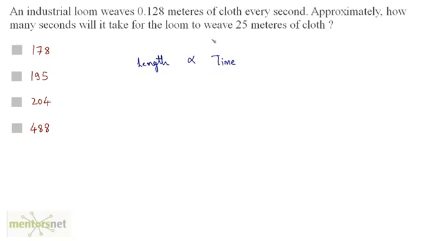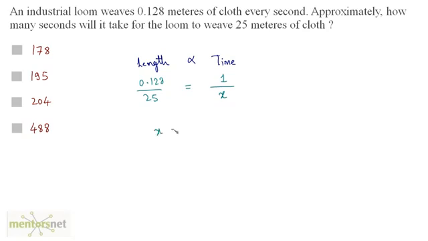Now in one case we have 0.128 meters and the time taken for that is 1 second. Now what is asked? Approximately how many seconds will it take for the loom to weave 25 meters? So we have 25 meters of cloth and approximately how much time will it take for that? So I can take the ratio of this and it is directly proportional, so I can directly equate these ratios.